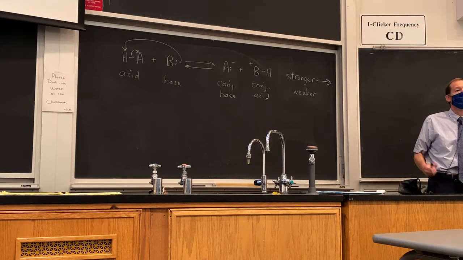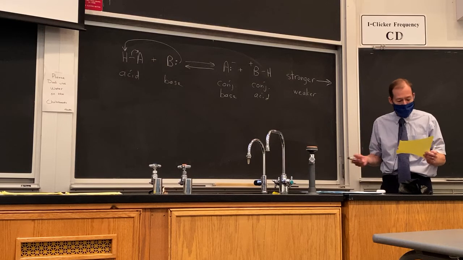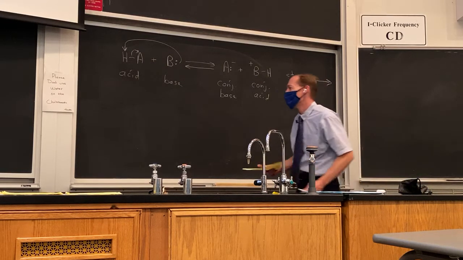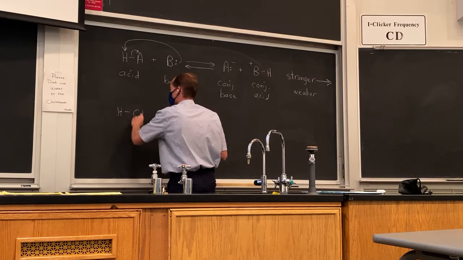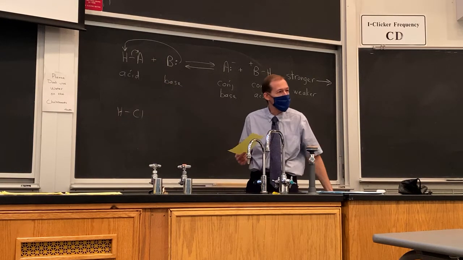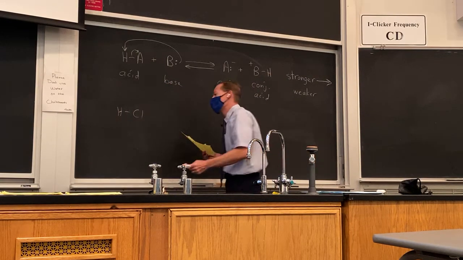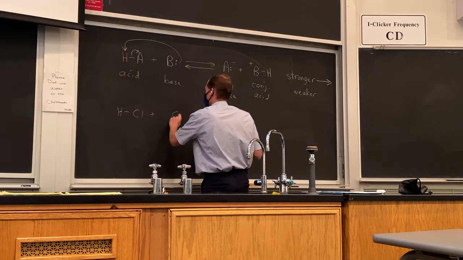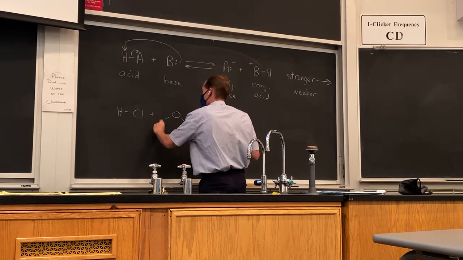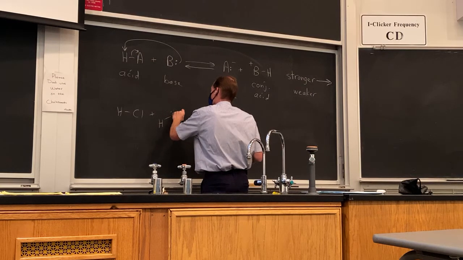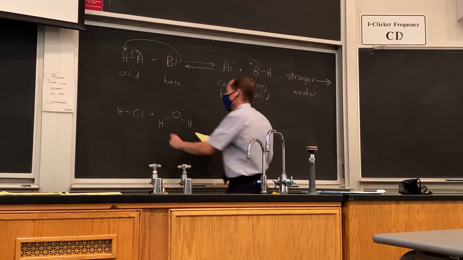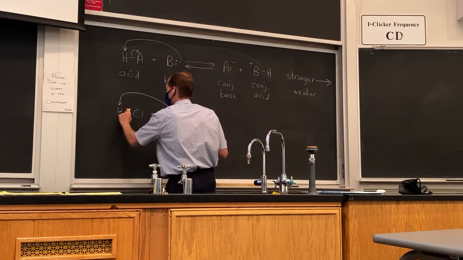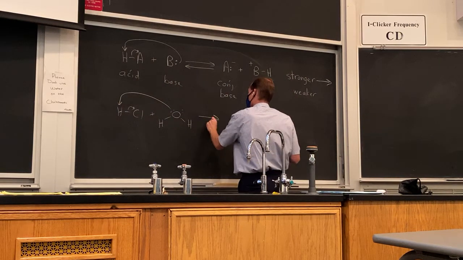Okay? So to illustrate this with a specific example, let's look at some acids and bases that you'll be familiar with. HCl, every general chemistry student recognizes that. H2O, we know that it can be an acid or a base. In this case, we'll use it as an acid. H2O is going to deprotonate HCl.